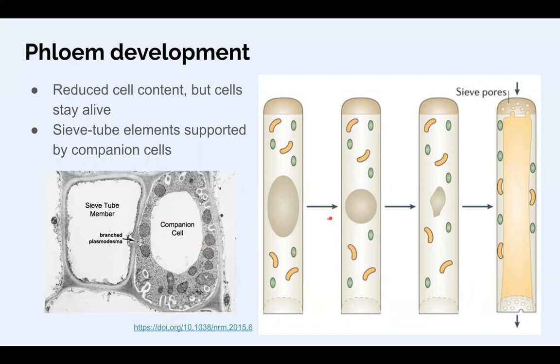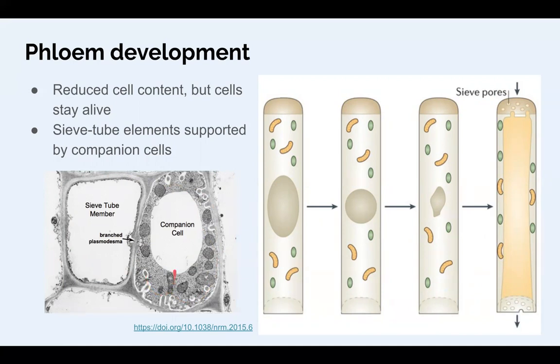And what's not shown on this diagram is that phloem cells have what we call companion cells. So the final cell division that makes a phloem, one of these open sieve member cells, makes one of those, but also keeps a companion cell, which is a more complete cell that has nucleus, organelles, and so on.